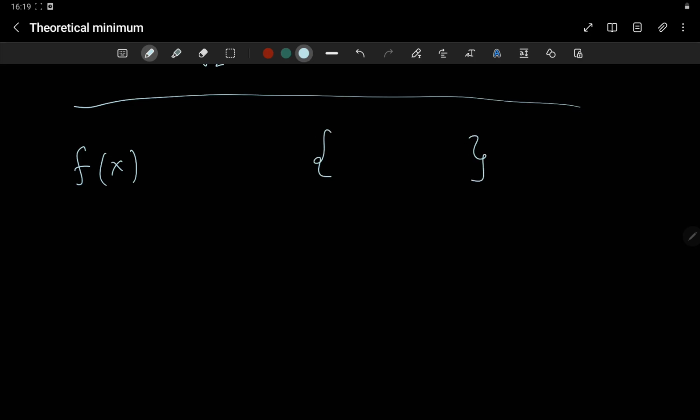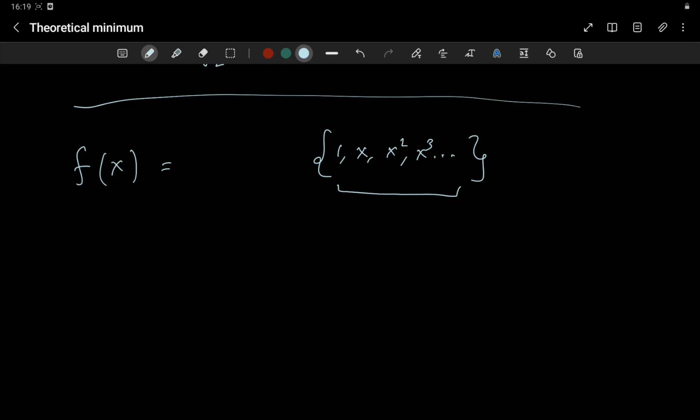Let's say the basis is 1, x, x square, x cube, and so on. I do not know the polynomial, but I could represent it as a linear combination of these basis functions. So now all I have to worry about is the coefficients.